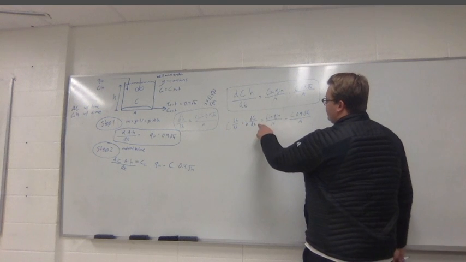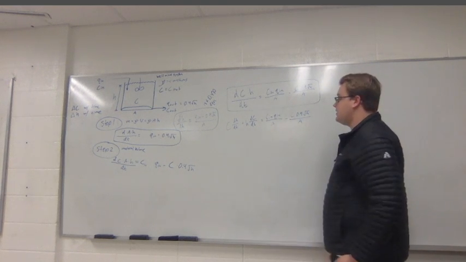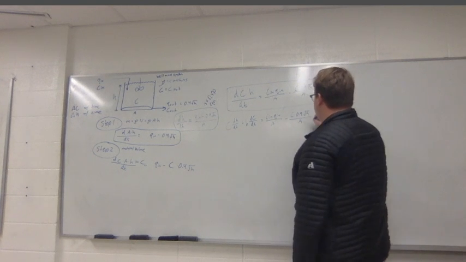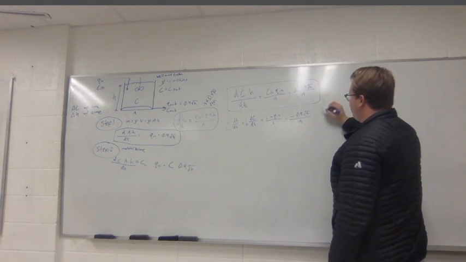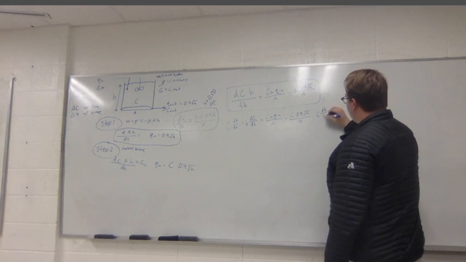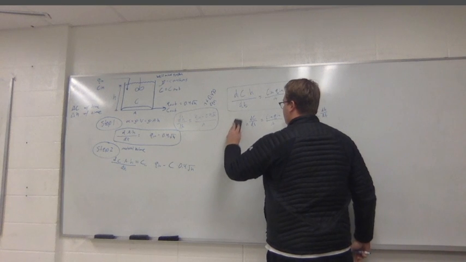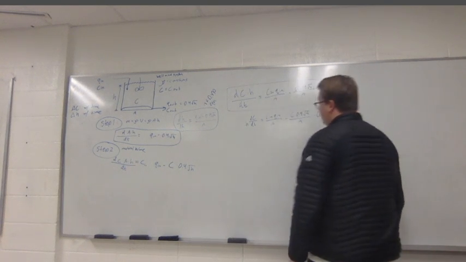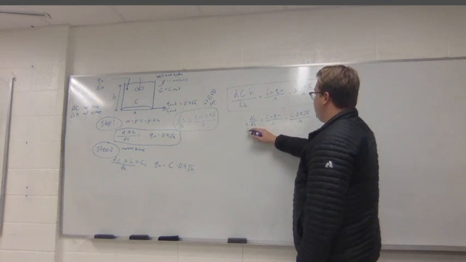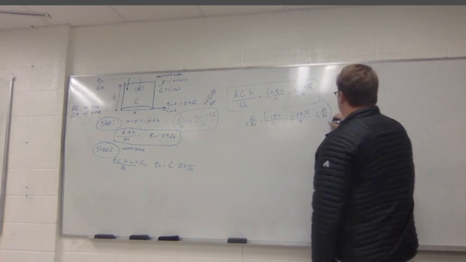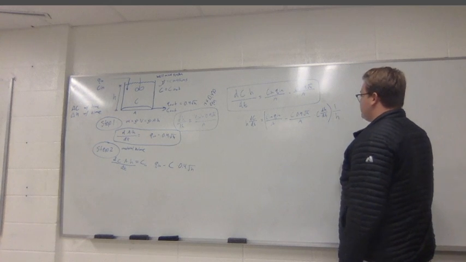Now I can isolate change in concentration with respect to time. First, I'm going to subtract C times dh over dt, bring that over to the right side of my equation, so it disappears from over here. And now I can simply divide this entire right-hand side by h.